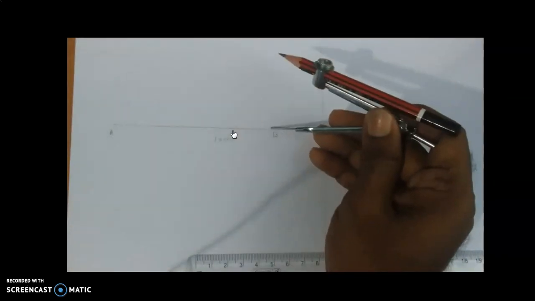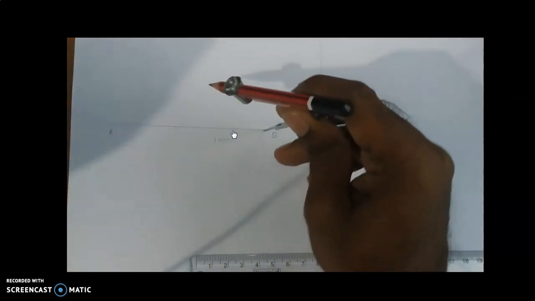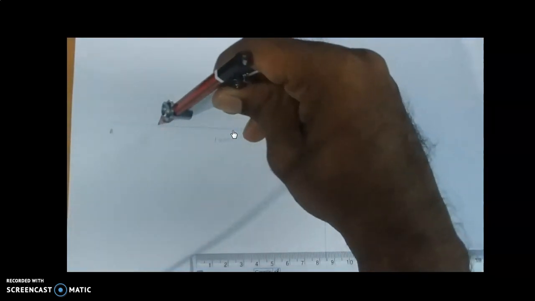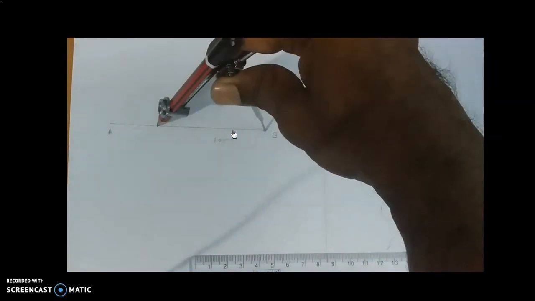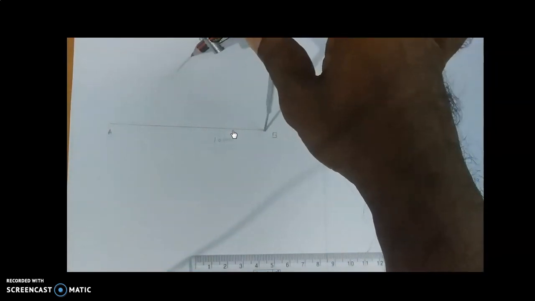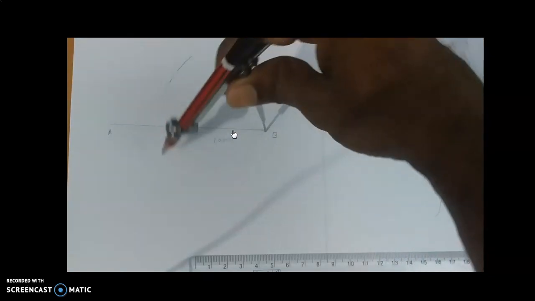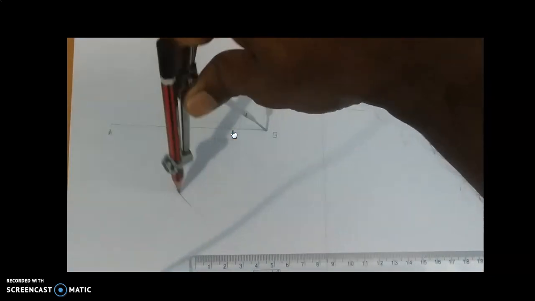First keep your compass at any one end of the line segment and take more than half of the measurement of the line segment. Then draw one arc above the line and below the line.